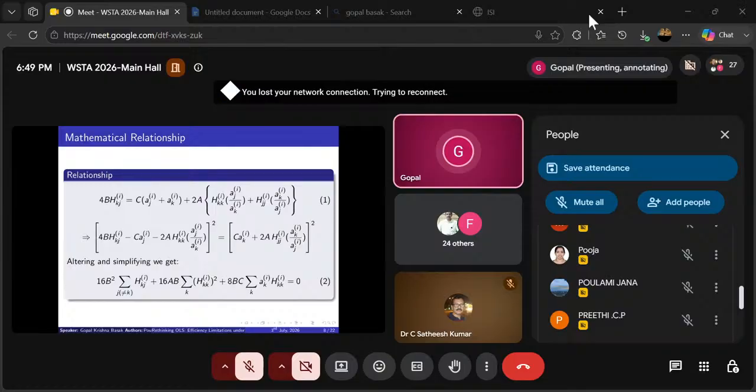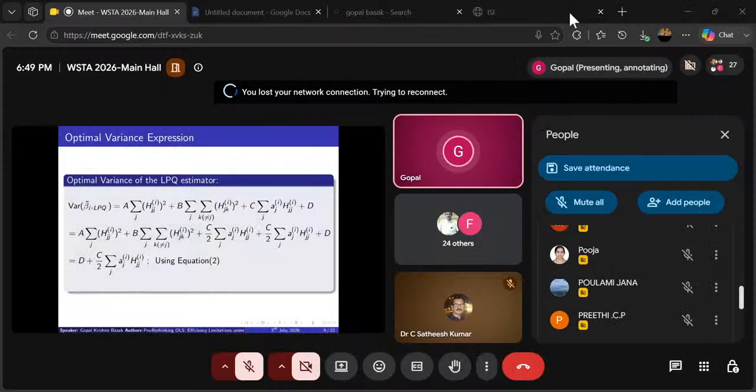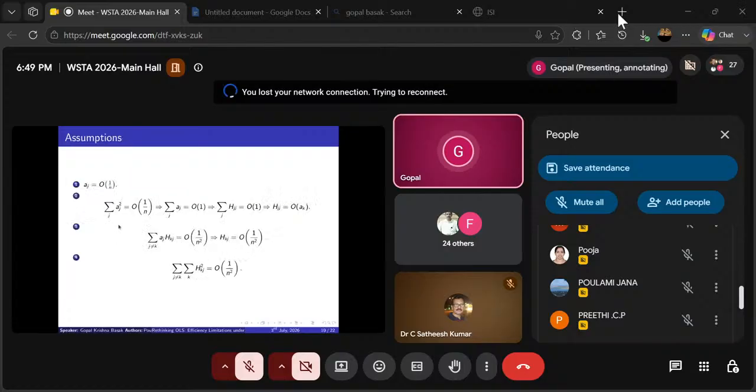So we take X prime X inverse. This can be written as summation a_j square, in terms of the diagonal entry. Because as you see, a_j square comes as X prime X inverse, X prime X, and X prime X inverse.